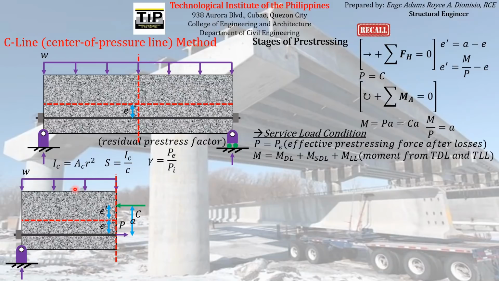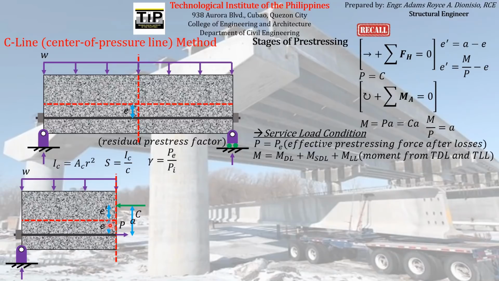And then as you add a uniformly distributed load, coming from the self-weight of the concrete element itself, the total compressive force tends to move upward slowly, thereby producing a negative value of E prime, since the location of the total compressive force is below the neutral axis or centroid.